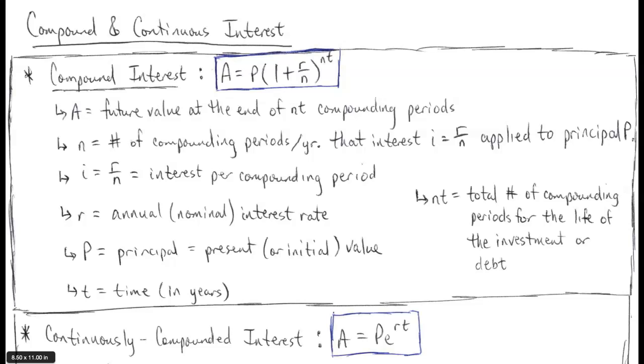We're also going to talk about a concept called effective interest rate. Another name that it's known by is annual percentage yield.